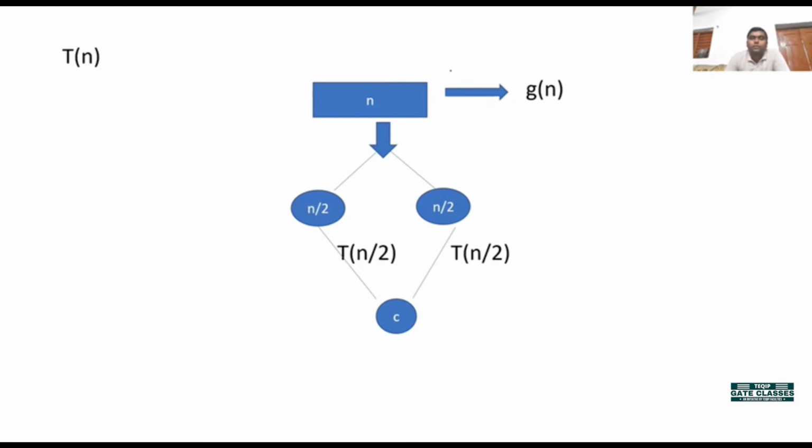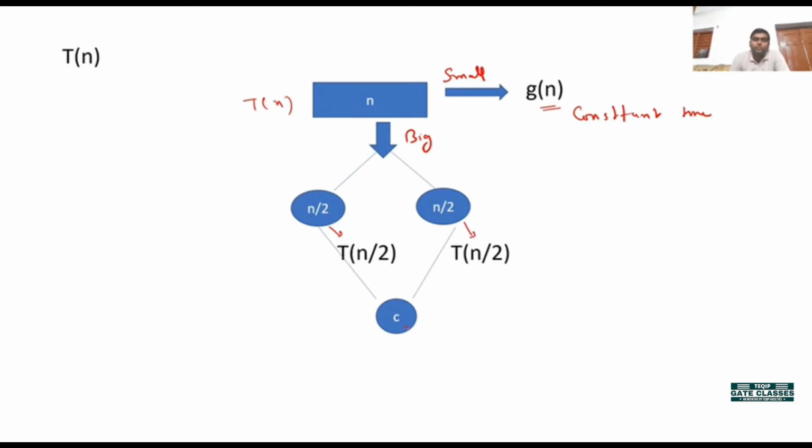If the problem is small enough, it takes g of n time, which may be some constant time. If the problem is big, we break it into two halves, n by 2 and n by 2. For the whole problem the time taken is T of n, for one half it is T of n by 2, and for the other half T of n by 2.